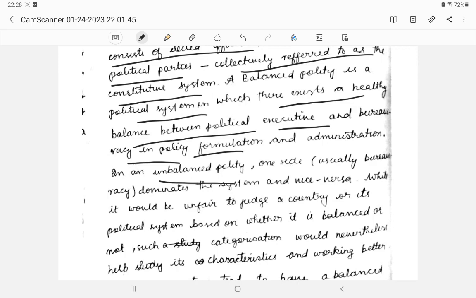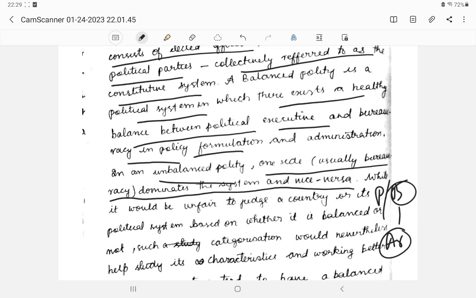In an unbalanced polity, one side, usually the bureaucracy, dominates the system, or vice versa. It can be political parties or bureaucracy, and it can be the army also. For example, the army controls Pakistan rather than the politicians, so there is no balance.